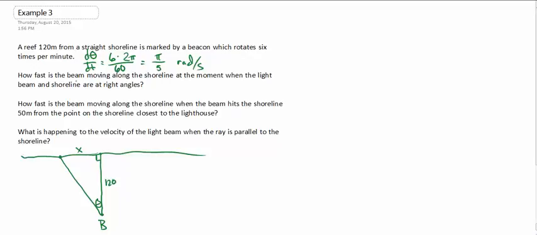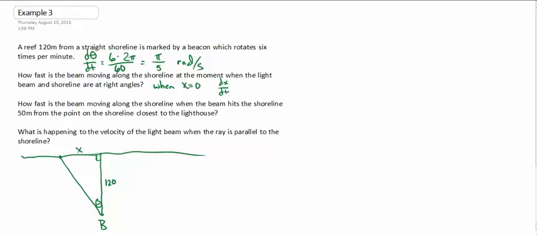So how fast is the beam moving along the shoreline at the moment when the light and the beam are at right angles, or the shoreline and the beam? So in other words, when x equals 0, we want dx dt.